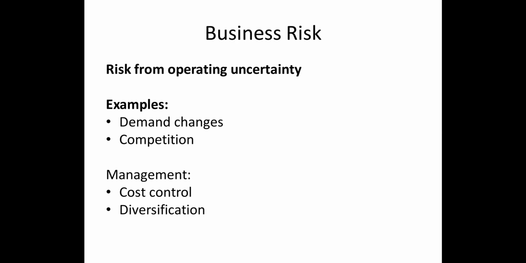Another risk is pure risk. The risk management function in medium to large corporations, and the term risk management, has traditionally focused on the management of what is known as pure risk.